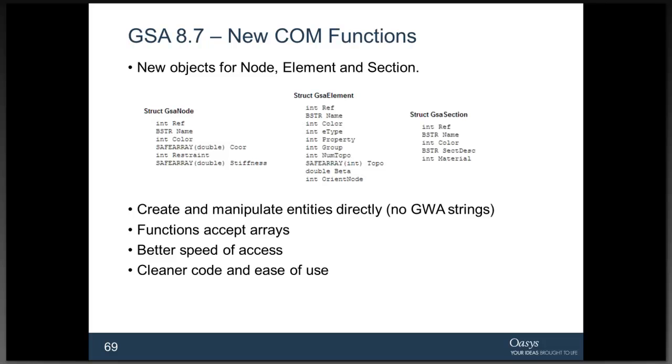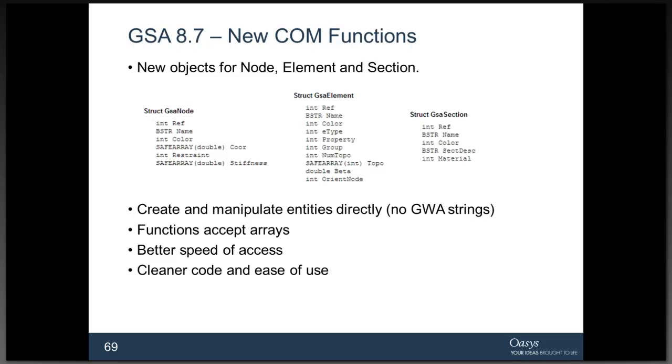Even though it's quite a powerful and versatile interface for getting and setting GSA model data, you still have to put in quite a bit of programming effort to manipulate these strings, and your code could also run slower because of this string processing.